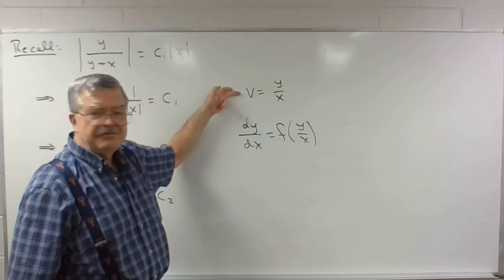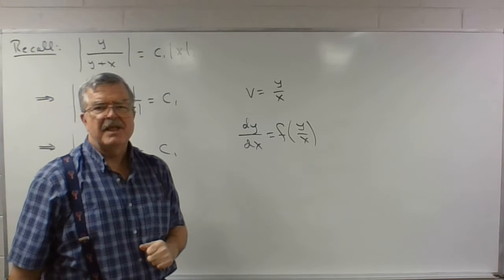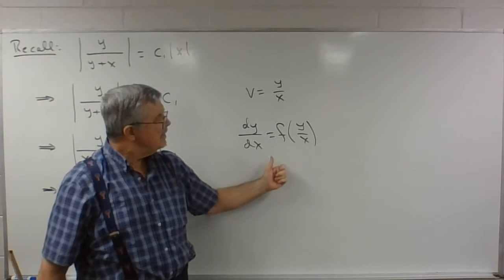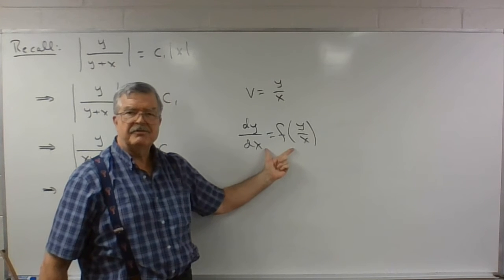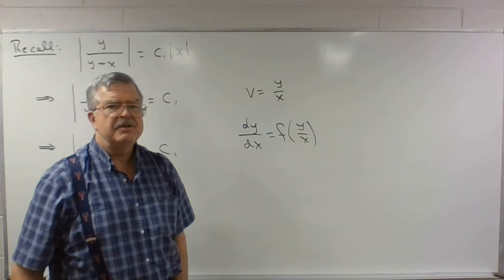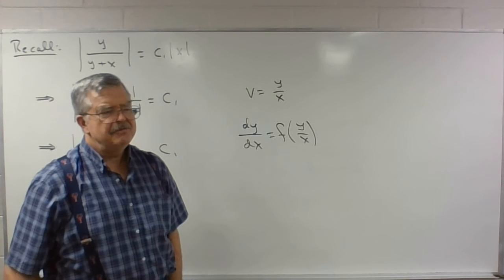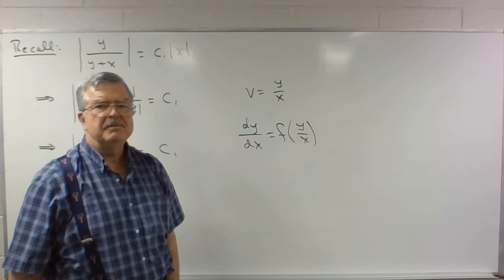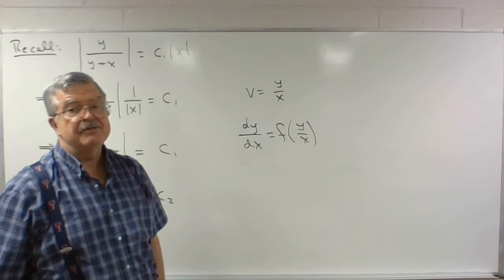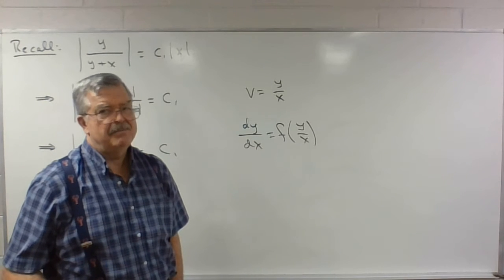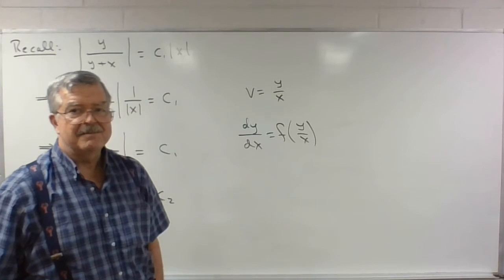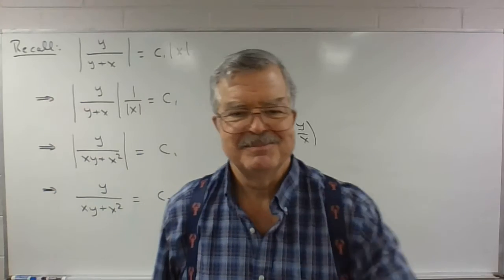So this is a classic substitution in the sense that it applies to homogeneous differential equations, equations that can be put in this form. The substitution of variables that I'm about to use next doesn't apply to a homogeneous equation, but it does allow us to transform an equation in which the variables can't be separated into one in which the variables can be separated. So let's look at that.